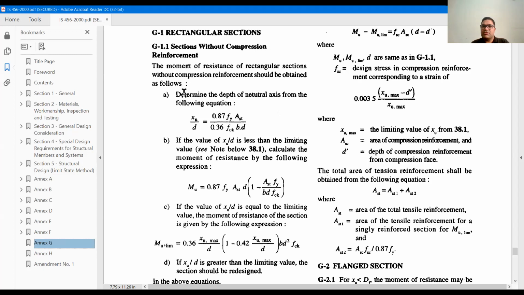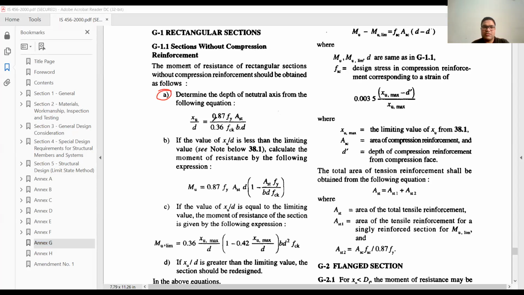So here you can see this is the IS code and clause number G-1.1. This is the first formula, which we can use to find out the value of XU. In this case, this term is the tensile force and this term is the compressive force. If we equate them, then we have XU equals 0.87 Fy into AST upon 0.36 FCK into B. So that becomes C equals T. And this formula is used basically for the rectangular beam.